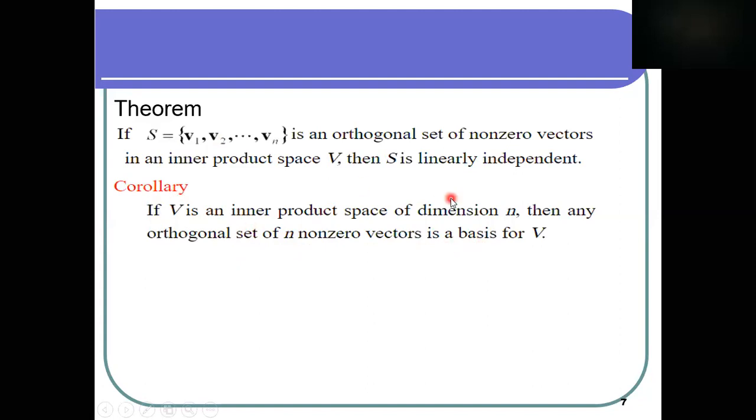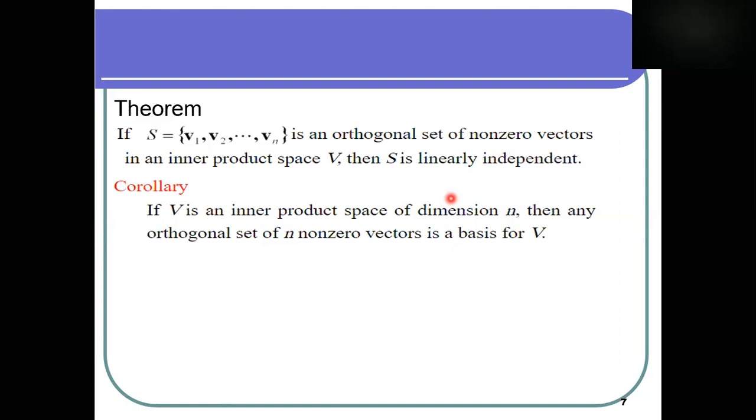Dear student, this is one of the fundamental results to check whether, if vectors are orthogonal, they form a basis for V or not. In last classes, we tested whether vectors form a basis for a vector space or not.